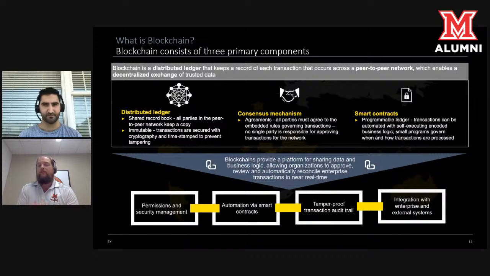So the third component I'll talk a little bit about are what are called smart contracts. Smart contracts are just programs that can govern when and how transactions on the network are processed, or value is essentially transferred. It does this by embedding business logic into the code of the smart contract itself.